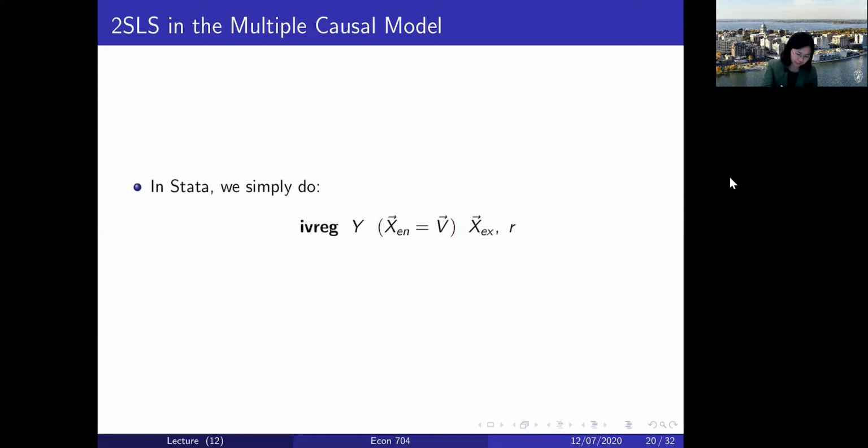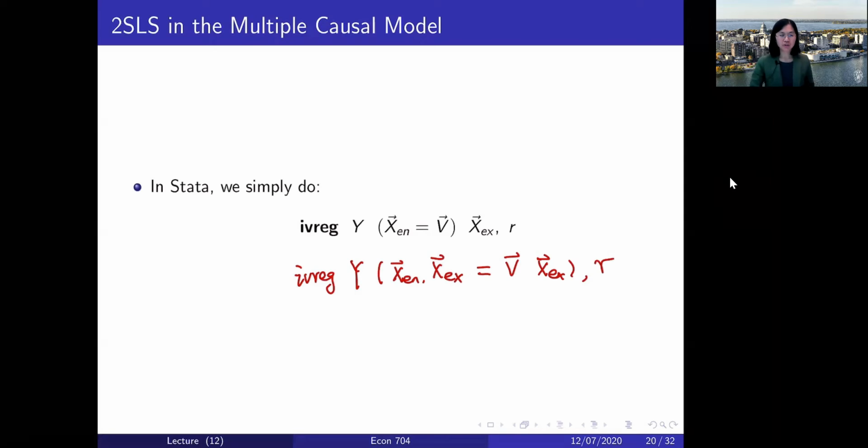Or you can accomplish the same thing by writing all the regressors here and writing all the instruments here. I believe that is also a correct way to do this regression.